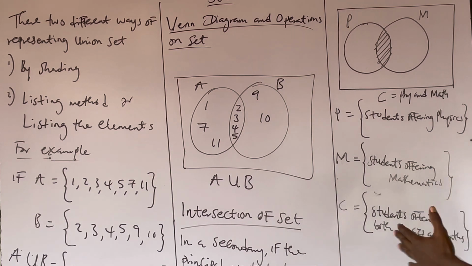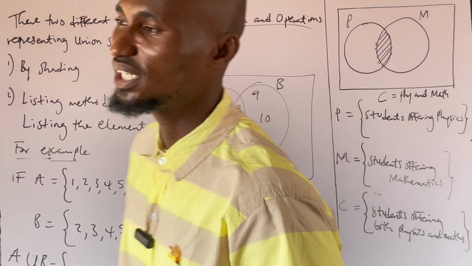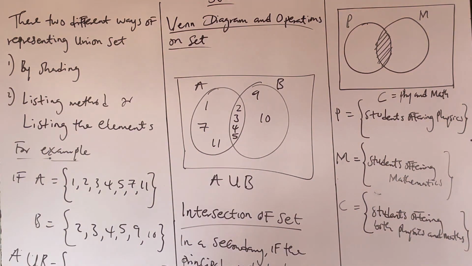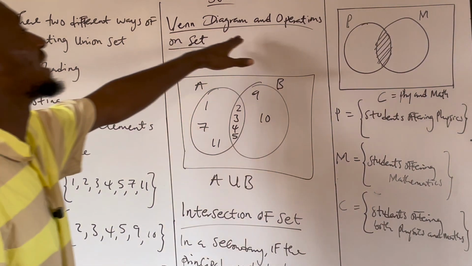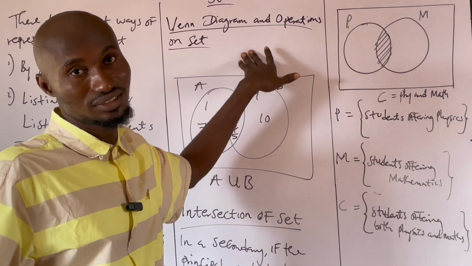Don't let union set confuse you here. When we start learning problems involving sets, like two-set problems, you're going to learn better. But for now, I'm on Venn diagram and operations on sets.